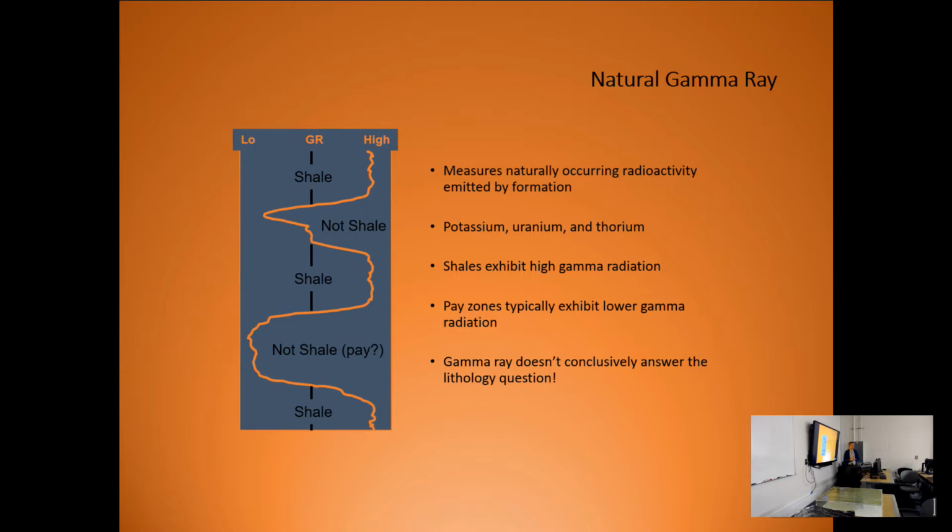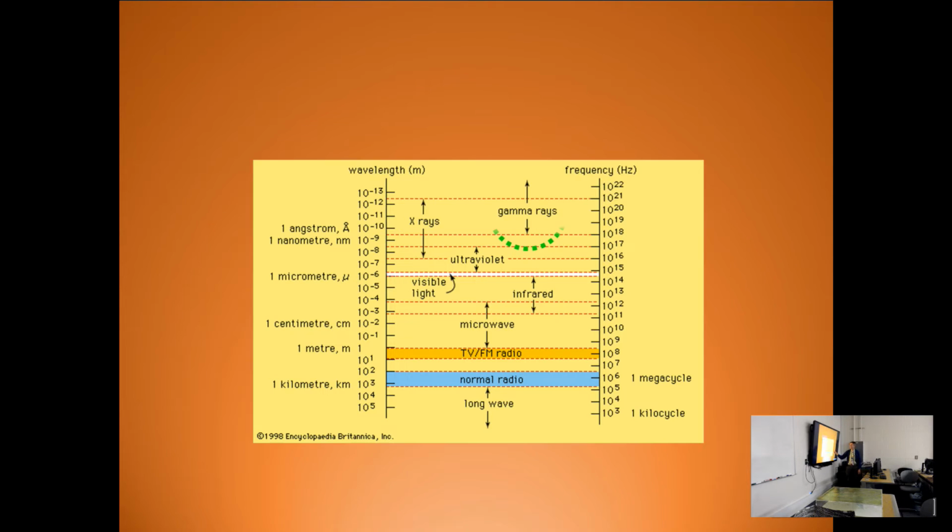But in that type of context, then you might look at your pay zone and say that's probably quartz. And you look at your hot zones and say that's probably shale. Well, what if you're drilling someplace like the Williston Basin, for example, that has a lot of calcium carbonates or calcium magnesium carbonates? Well, then gamma ray doesn't actually answer that question very well.